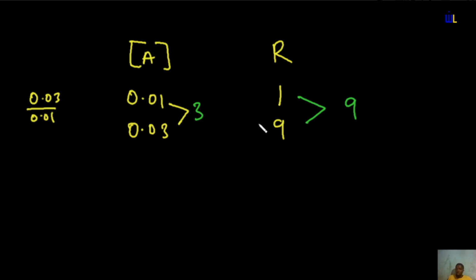Bring these two things to have the same base. So how many times will I multiply 3 to give me 9? And you notice that that's going to be 3 times 3, and that's 3 raised to power 2. This particular power is what represents the order, and this particular power indicates that this is going to be a second order reaction, basically.